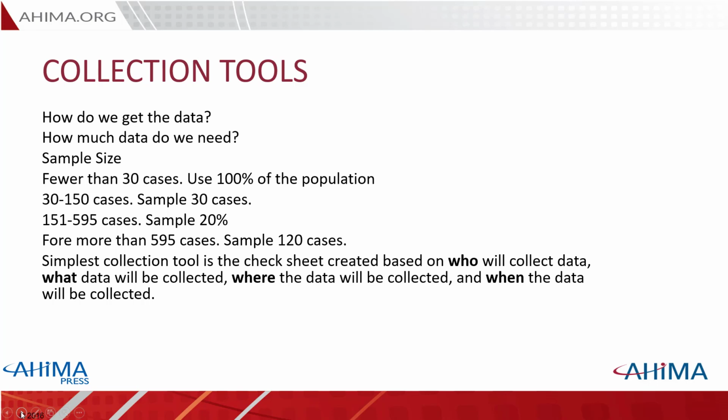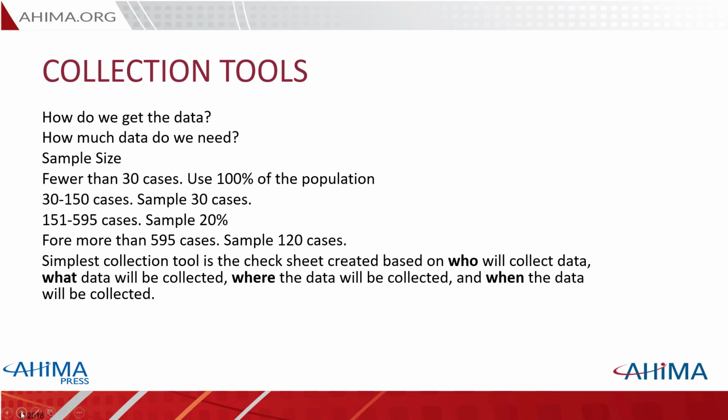So what size sample do we need? If we're looking at fewer than 30 cases, we're going to use 100% of those, and we call our sample a population. So it's not necessarily people, it's just our sample size. If we have 30 to 150 cases in our data, we want to sample 30 cases.